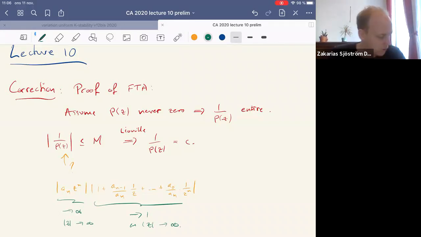So this is the absolute value of P of z, equal to this. Then it is clear that this bound must hold.